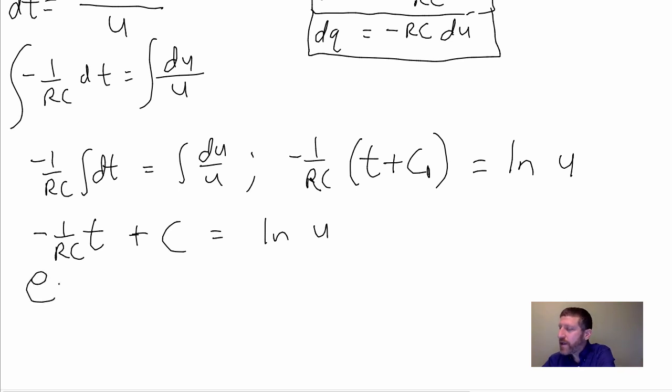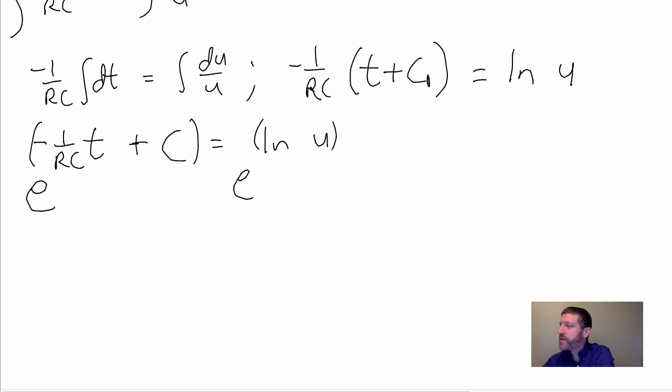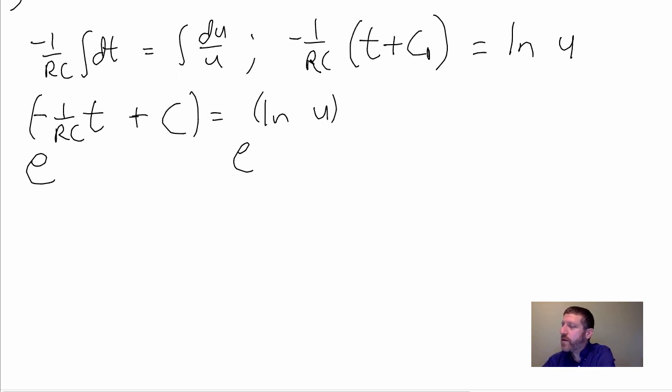So I'm going to raise e to this whole side, and e to this whole side. And this is always done with separation of variables. This will give me e to this plus that, which is just some constant times e to the negative t over rc, times e to the c.